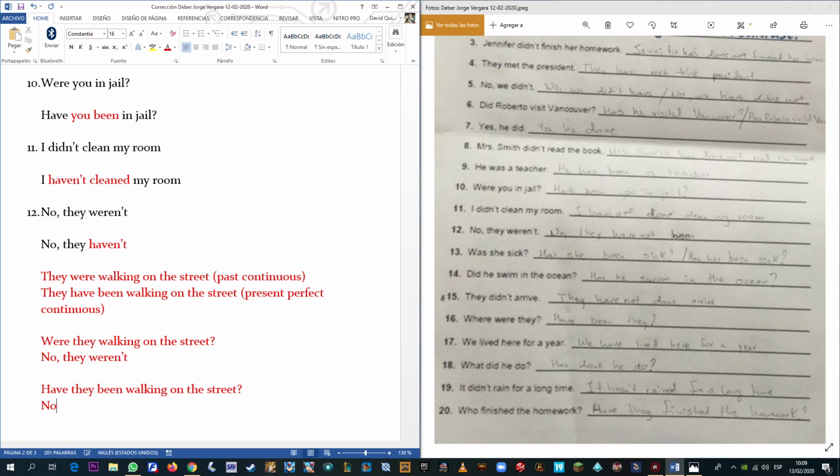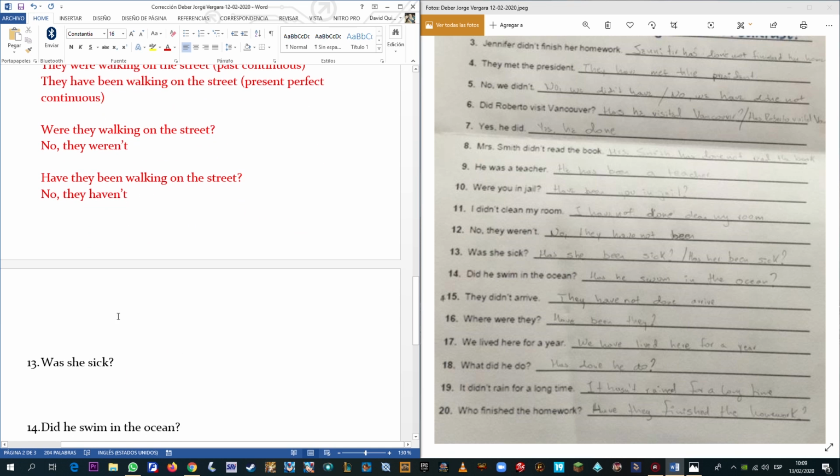And the answer, no, they haven't, could be no, they haven't. In this case, if it is a short answer, we just use the auxiliary verb in negative, and that's it. That would be all. I hope you have understood this.